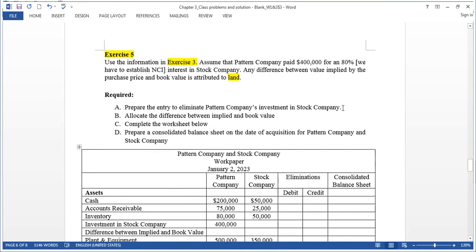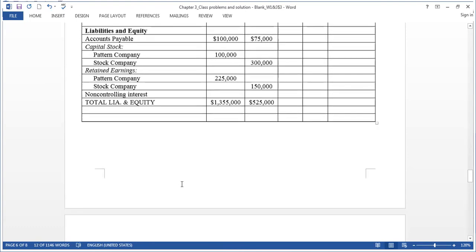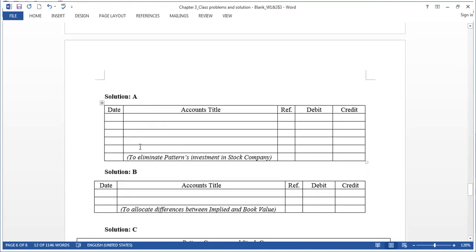First, we should eliminate some transactions. Then we have to find out whether we have any difference or not. To make it easy, we have to credit investment in the subsidiary company.